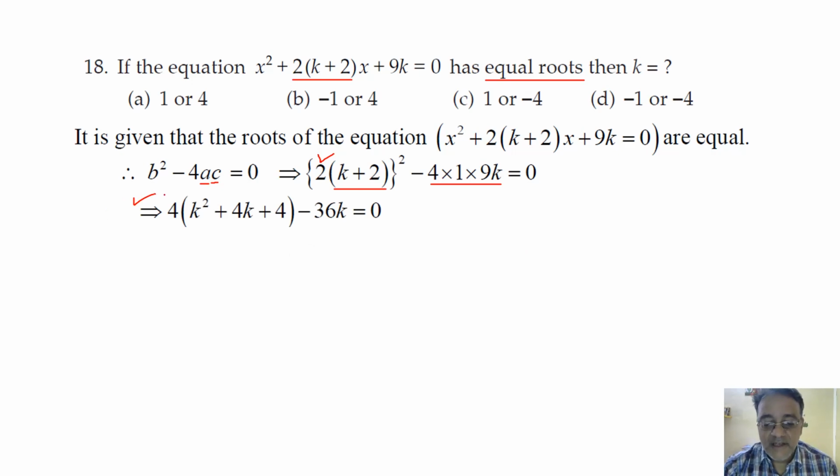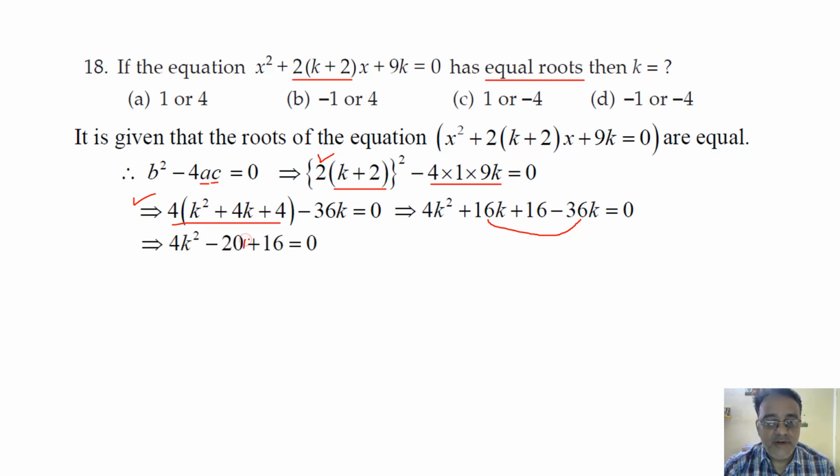Okay, fine. Now we will simplify this one. 4k square plus 16k plus 16 minus 36k equals 0, and 16k minus 36k will become minus 20k. Now divide everything by 4. So we are getting k square minus 5k plus 4 equals 0. Now we have to solve this quadratic equation.